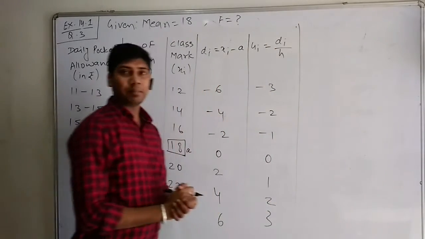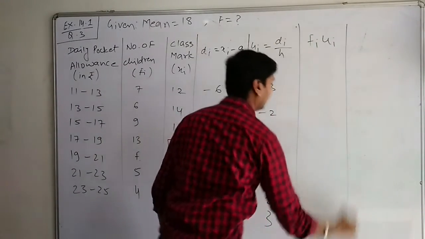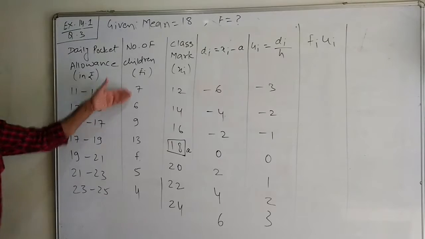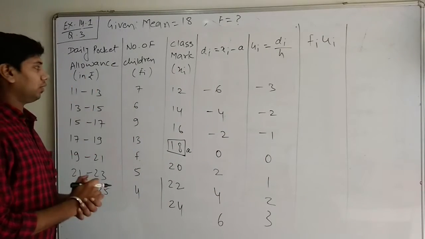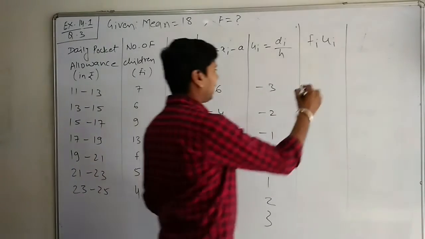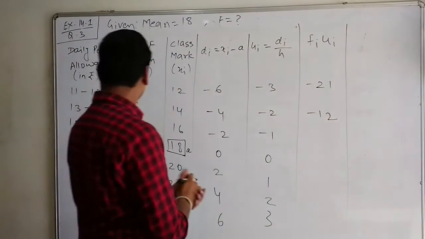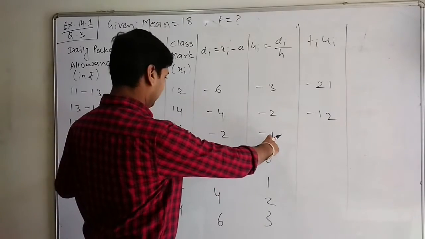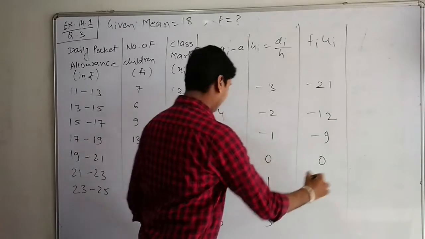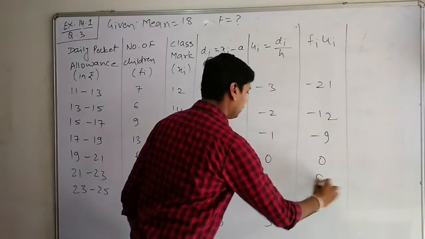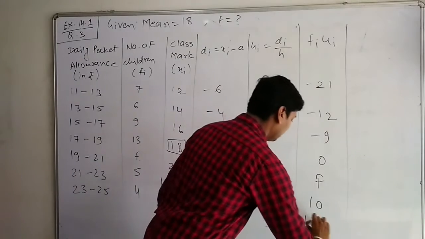And in the next step we find fi ui. Now the frequency is given, ui we already found, so multiply these two columns. 7 multiplied by minus 3 is minus 21, 6 into minus 2 is minus 12, 9 into minus 1 is minus 9, 13 into 0 is 0, f into 1 is f, 5 into 2 is 10 and 4 into 3 is 12.